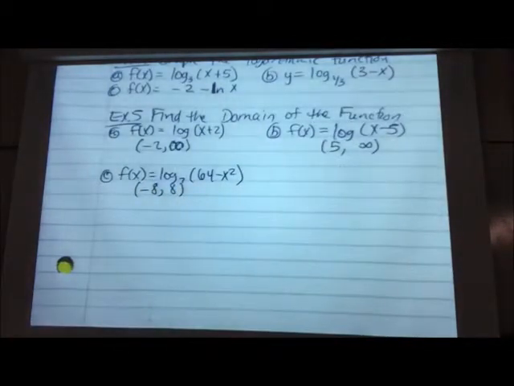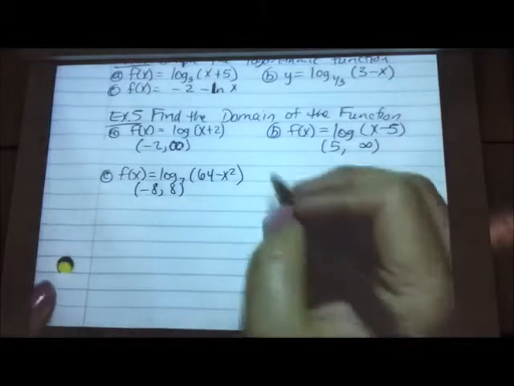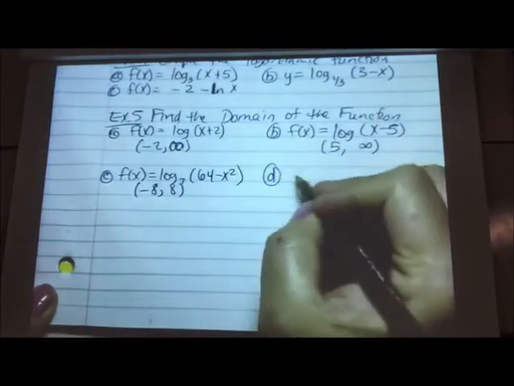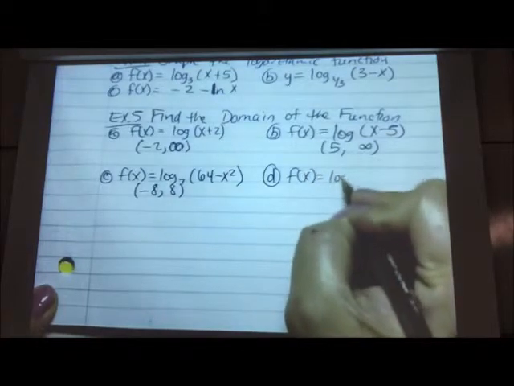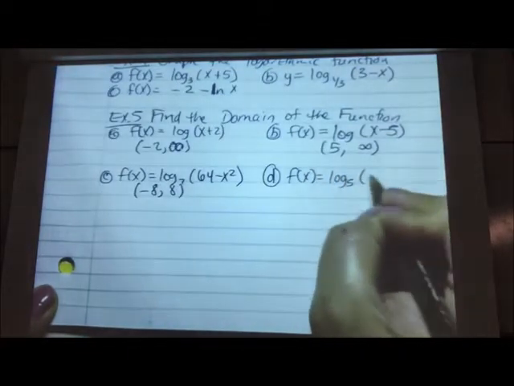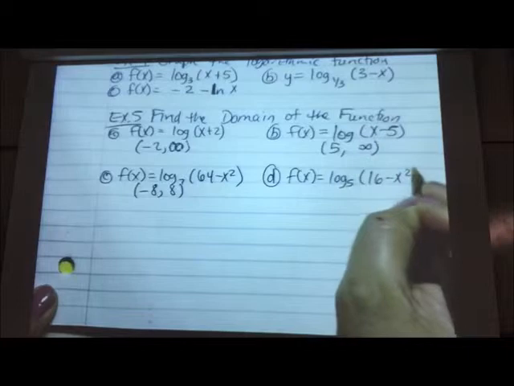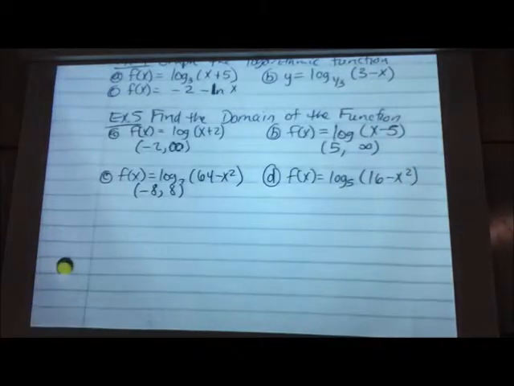What's the square root of 64? 8. Maybe that's why it's 8. So what do you think this answer is going to be without plugging it into the calculator? Negative 4, 4. I'm going to plug it in just so you can see it.